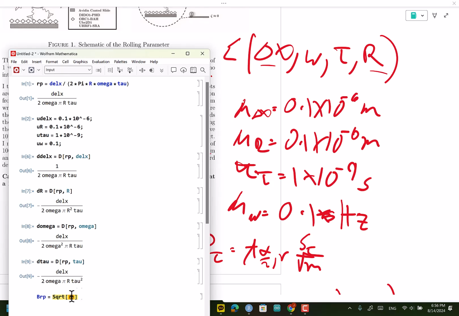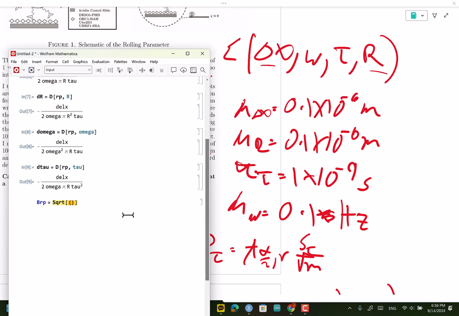So my square root down here, isn't this fun? Square root of, let's go ahead and do uncertainty in del x times d del x squared plus, so we're going to copy this and just change, because I need to do it for omega, tau, and r.